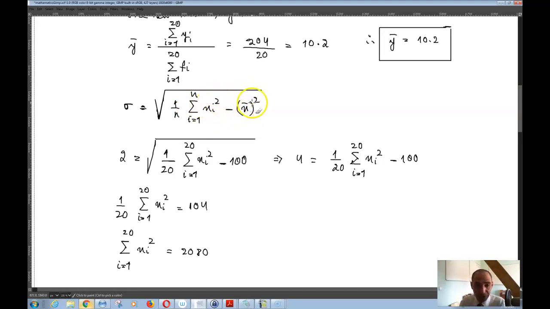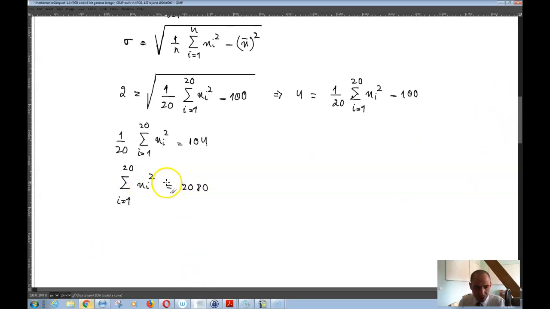So the correct x bar would be, of course, y bar, because this is the mean of the data when we took care of the problem. And then we have to take care of the problem in the case of the sum of x of i squared as well, right? So how do we take care of the problem here?